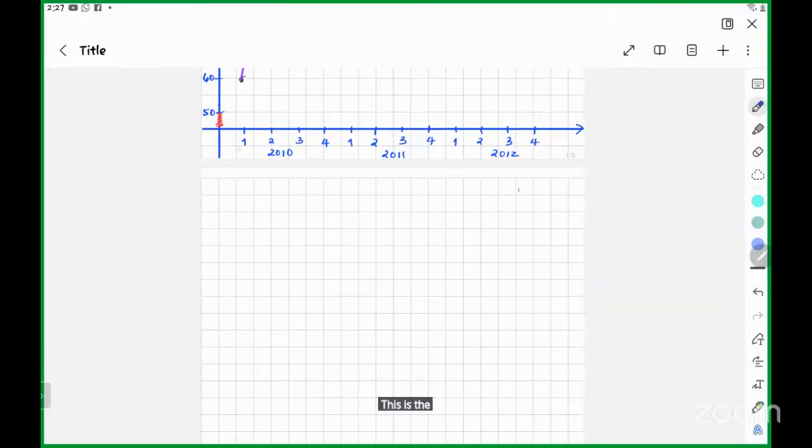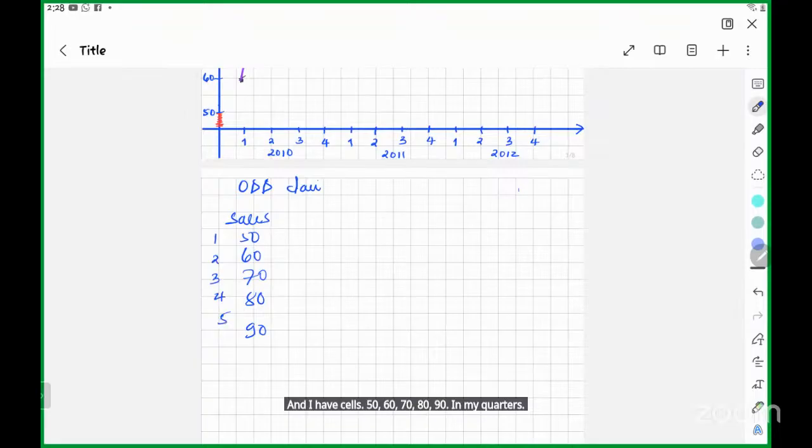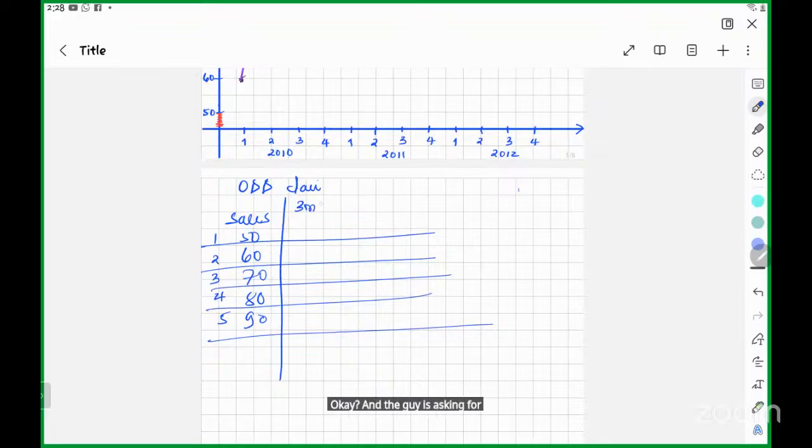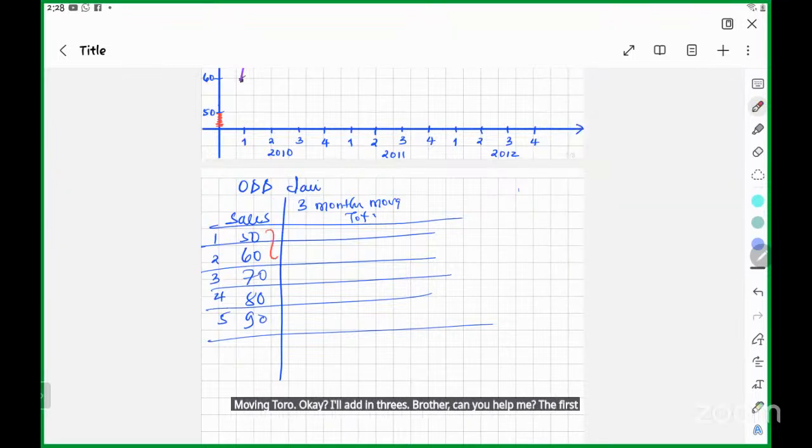If we had odd data, and I have 50, 60, 70, 80, 90 in my periods, maybe months, and the question is asking for a three monthly moving total, I'll add in threes. Brother, can you help me? The first 3, what total do you get?